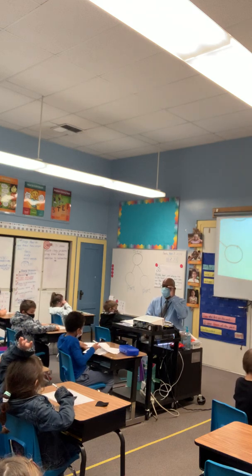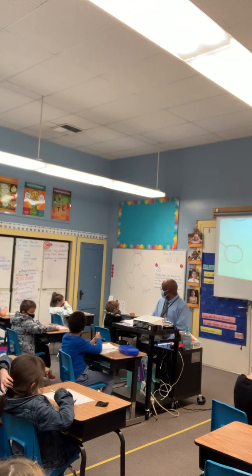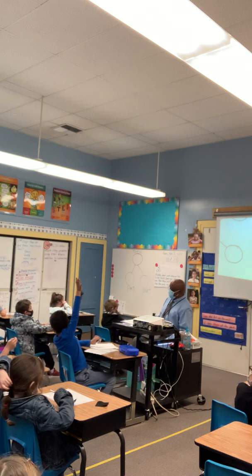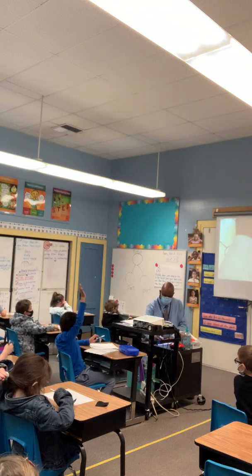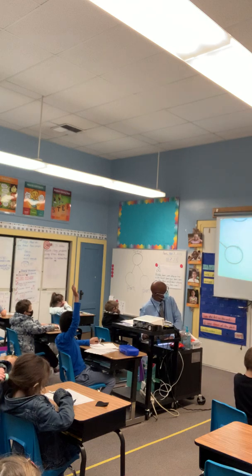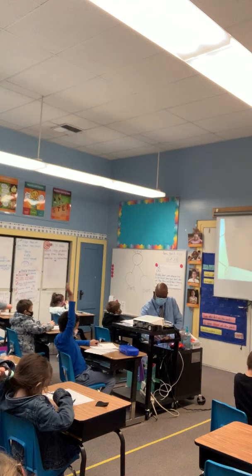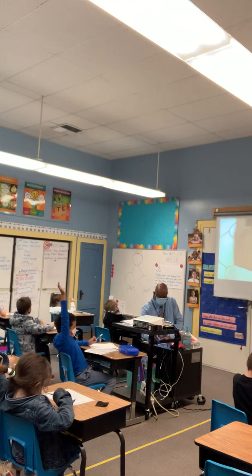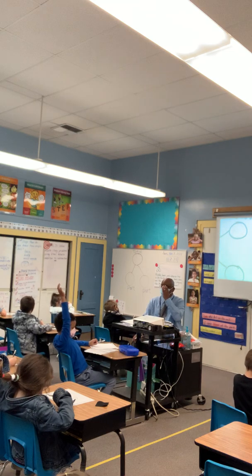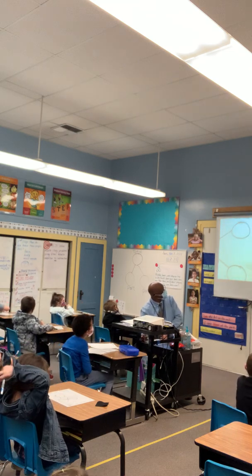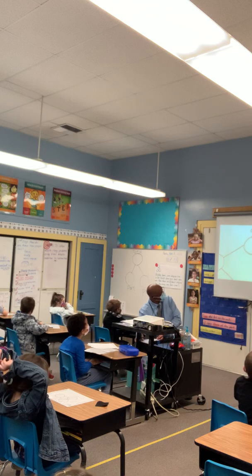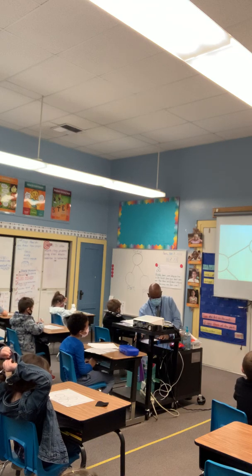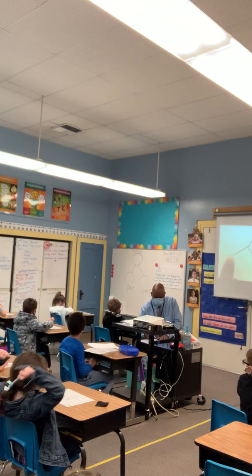Okay, so let's draw what we have so far. We have 4 little bears. So let's put our 4 little bears here. 1, 2, 3, 4. Let me make my drawing a little smaller.